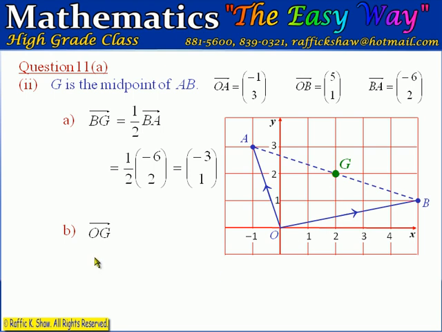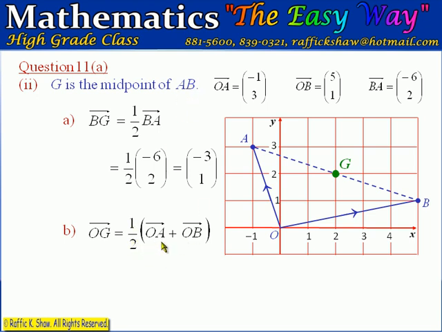But we can also calculate the position vector of G using the vector midpoint formula for the position vector of the midpoint of a line. Since G is the midpoint of AB, then the vector OG is given by half the sum of the position vectors of the endpoints of the line AB.